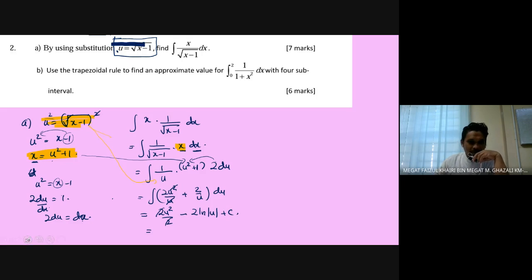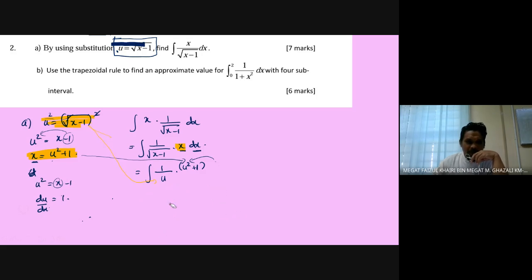Okay, I made a small mistake. Differentiate of this, supposedly gonna give you, wait, I missed something, sorry. Okay, 2u du dx equals differentiate x, which equals 1. So then 2u du equals dx.